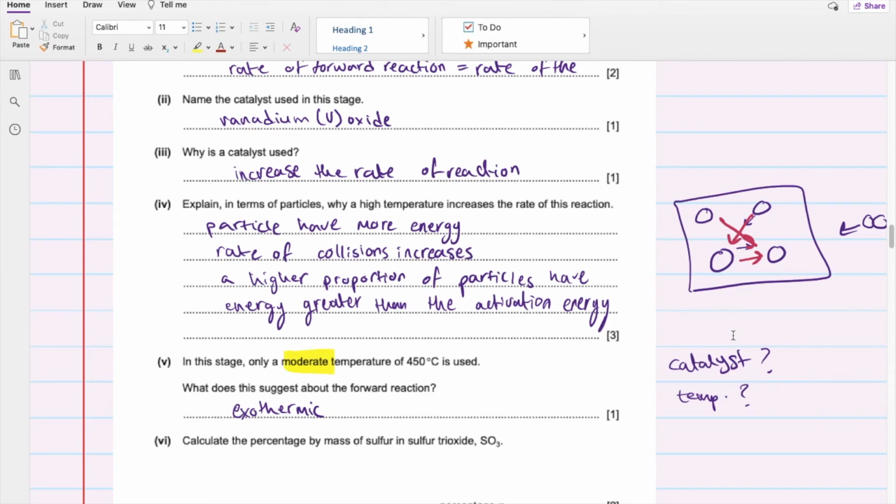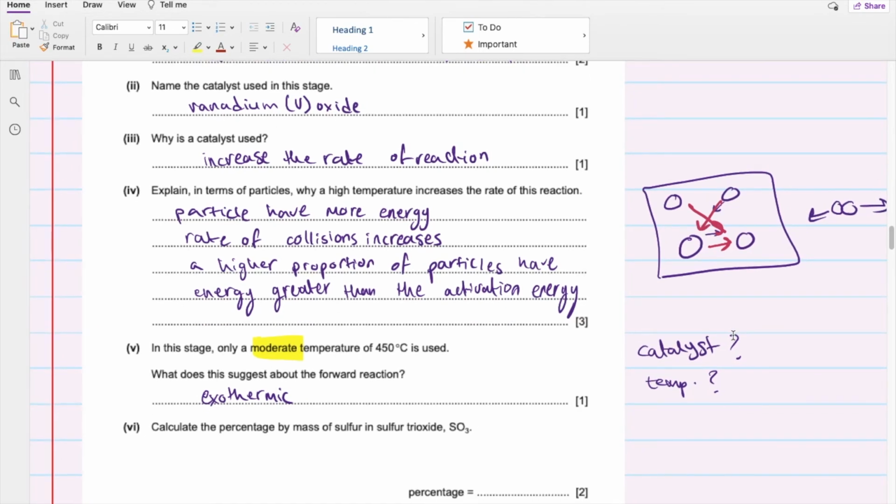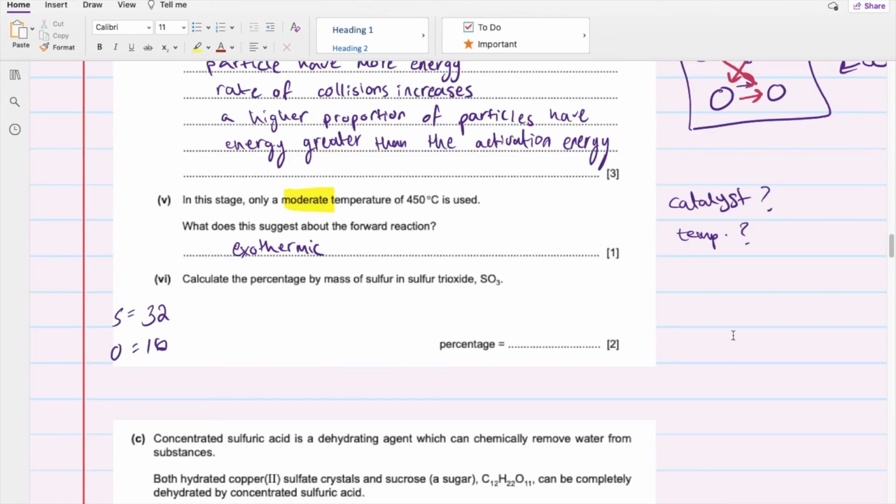Now, calculate the percentage by mass of sulfur in sulfur trioxide. Okay, so let's go back to our periodic table and get those values. Sulfur has a mass of 32, nucleon number 32, and oxygen has that of 16. Grab your calculator. We're going to have the total.